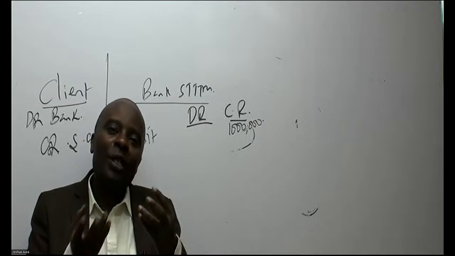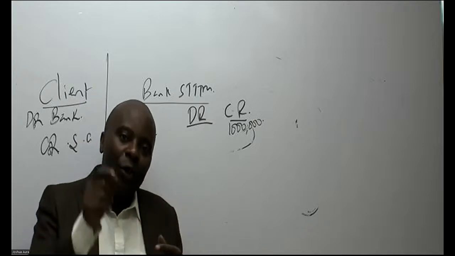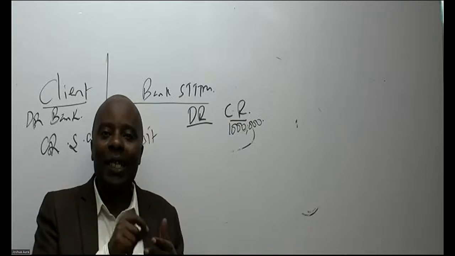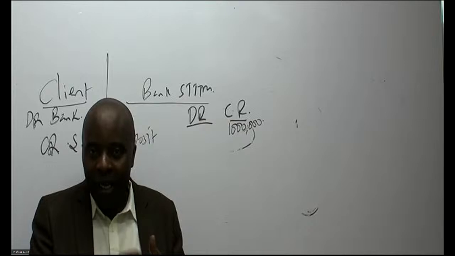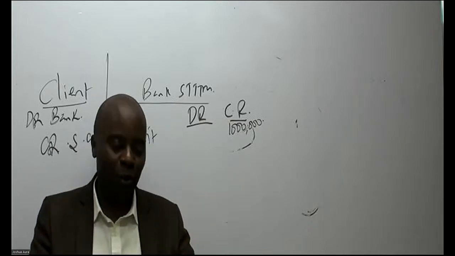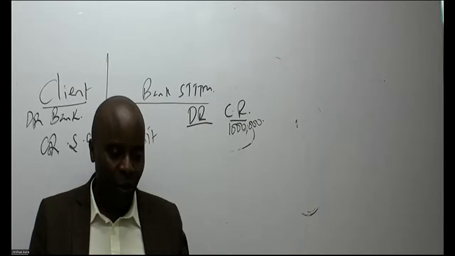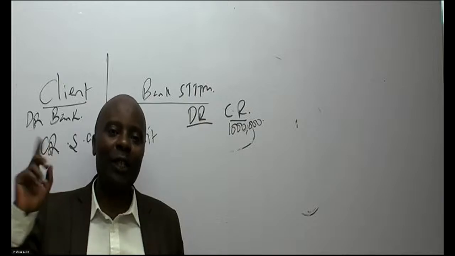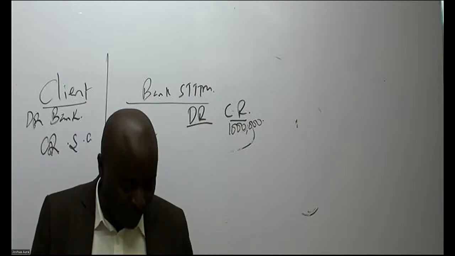So when you receive this check, what do you do as an accountant in that company? You must have added that amount in your cash book. You received a check, so you go to your cash book, you debit your cash book, and you credit that particular customer's account. So you have already recorded this amount.